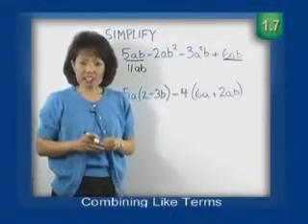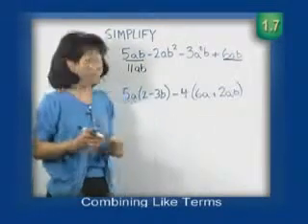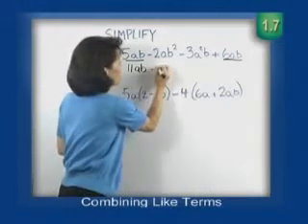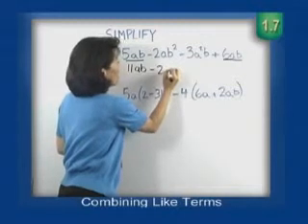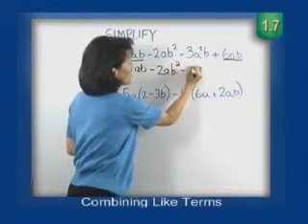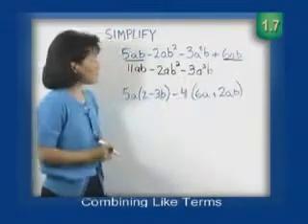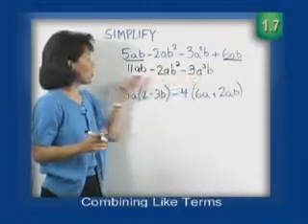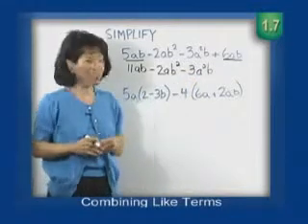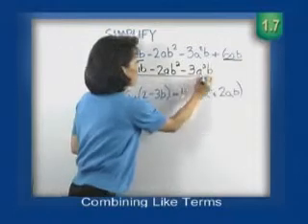You must be very, very careful when you're looking for like terms. Since those are different, they remain separate terms. So I write it as negative 2ab squared minus 3a squared b. We check to make sure we combined all like terms, which we have. So that's the final simplification of that first expression.